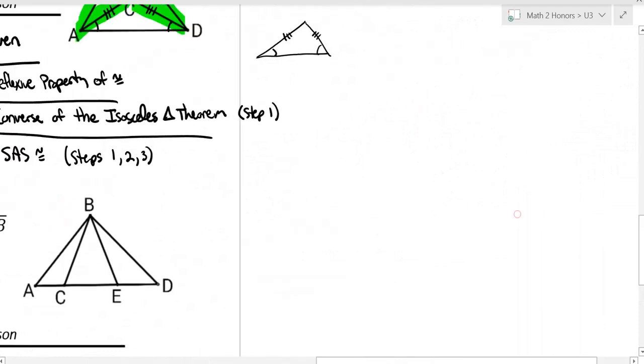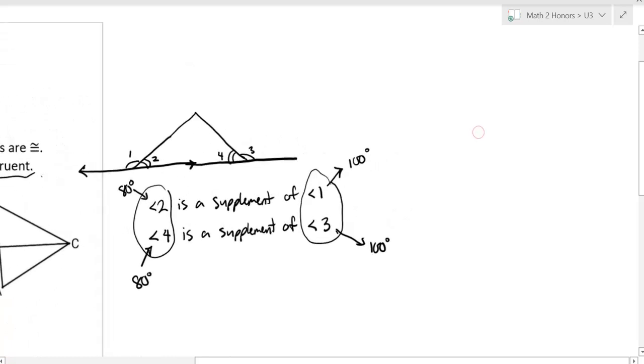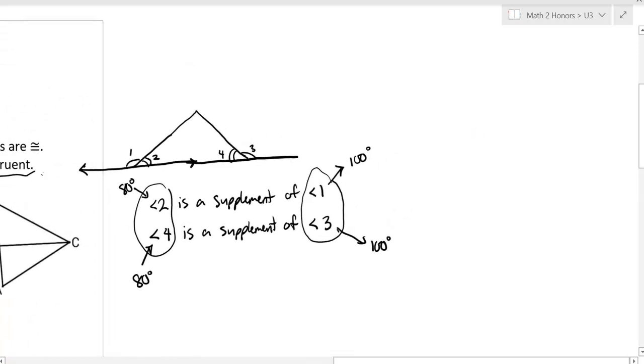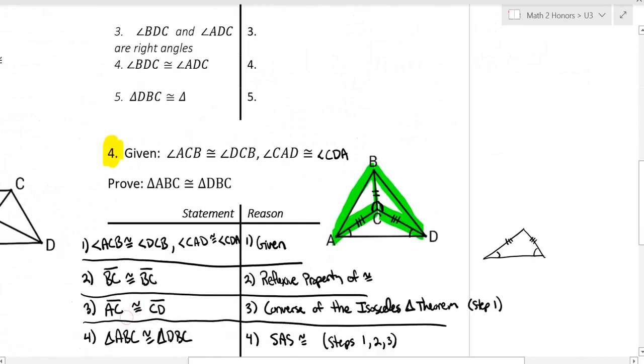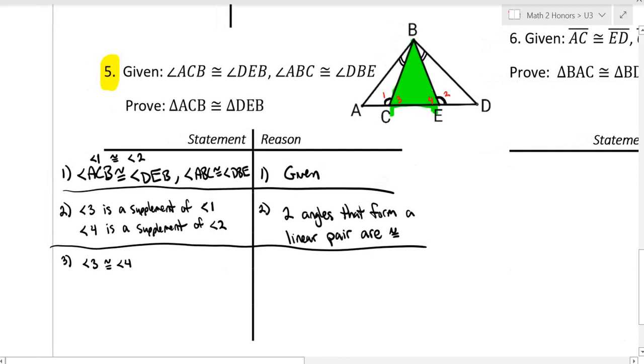So it's this argument right up here, where I put some numbers in. I said, hey, if these two are 100 degrees, then these two have to be congruent. They both have to be 80 degrees. Same idea here, right? So angle 3 is going to be congruent to angle 4. And the reason is supplements of congruent angles.